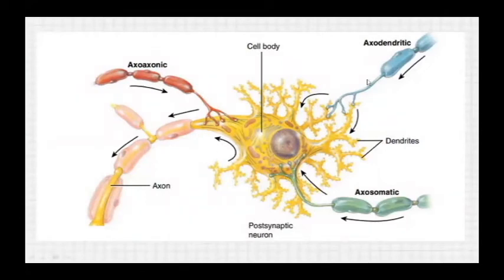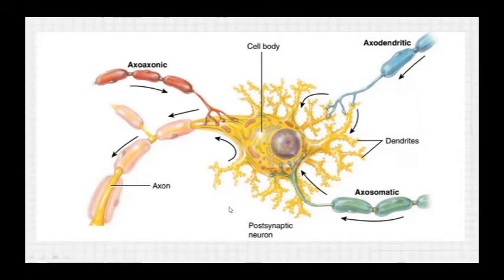First is the axoaxonic, which is axon connecting to the axon, while there is the axodendritic, in which axon connects with the dendrites, while axosomatic is the one which connects the axon towards the cell body or the soma. So those are the three kinds of synapses.